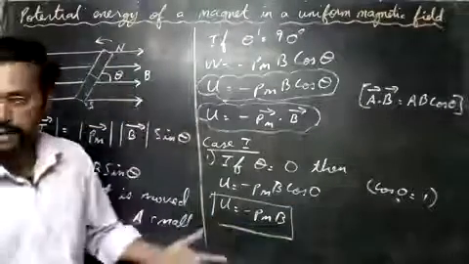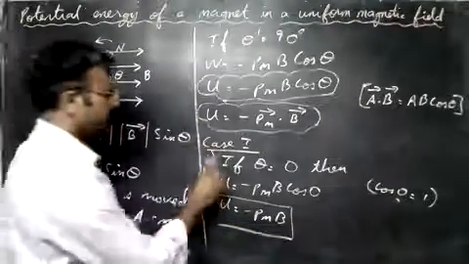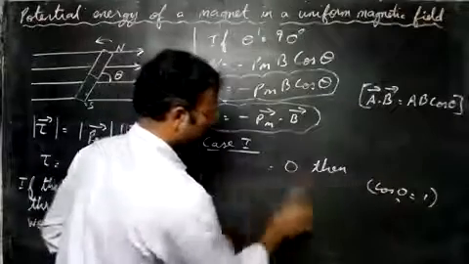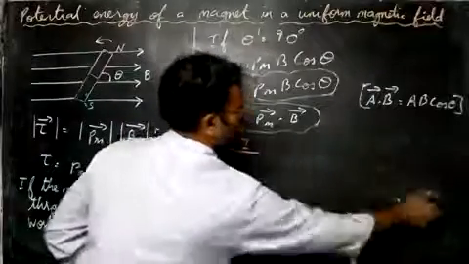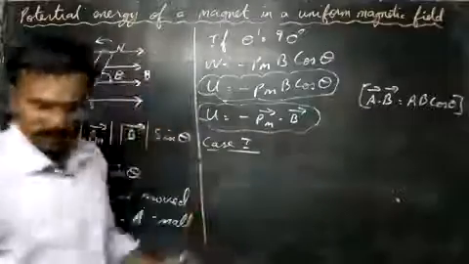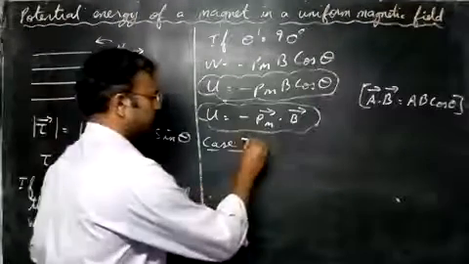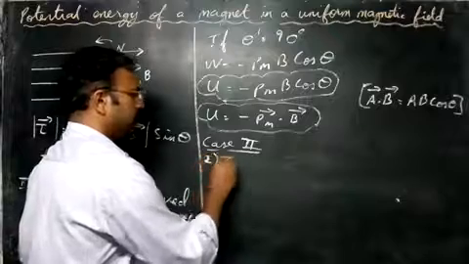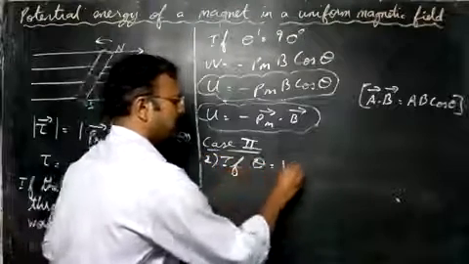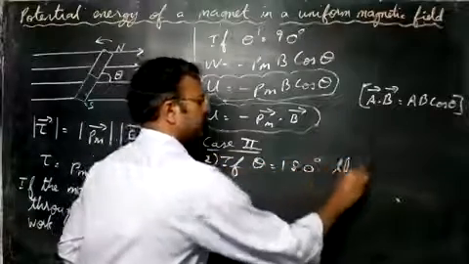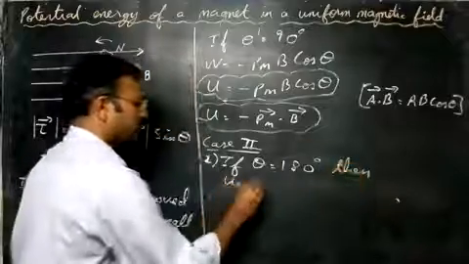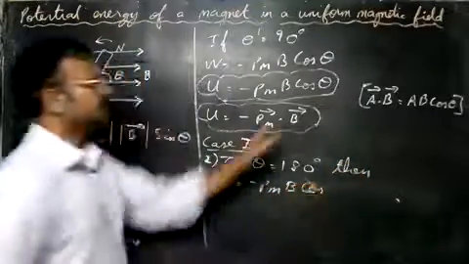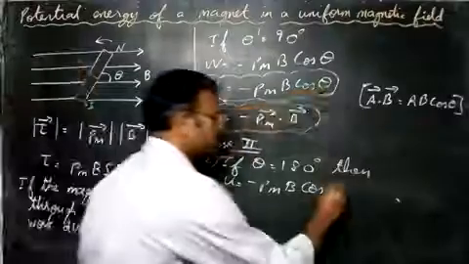Next, we'll go to the second special case. Case 2: theta is equal to 180 degrees. Then the potential energy is equal to minus Pm B cos 180.